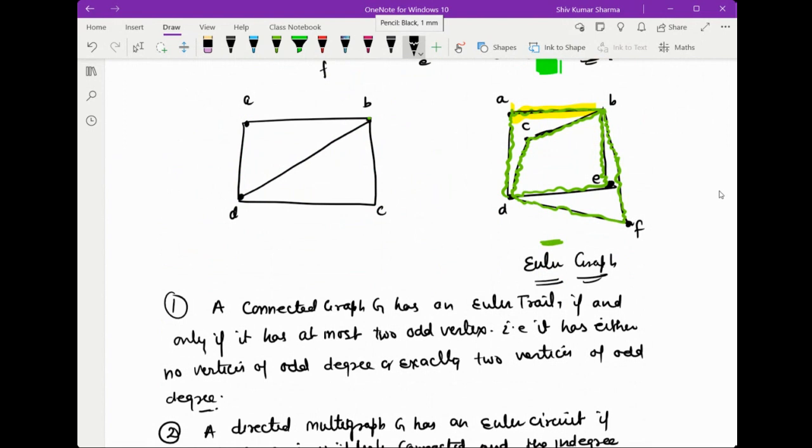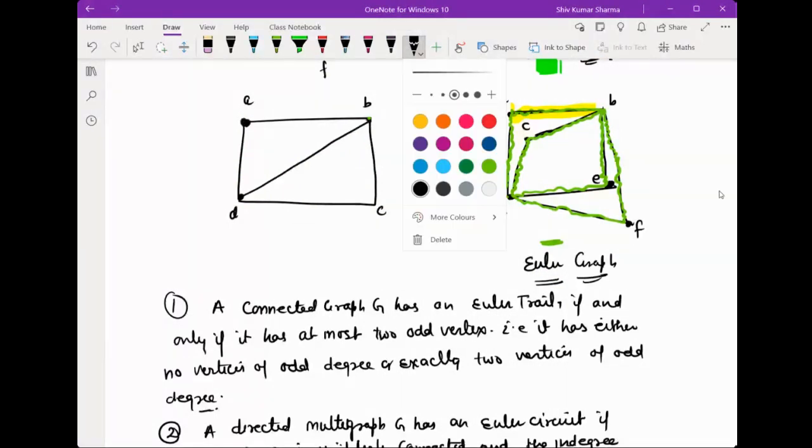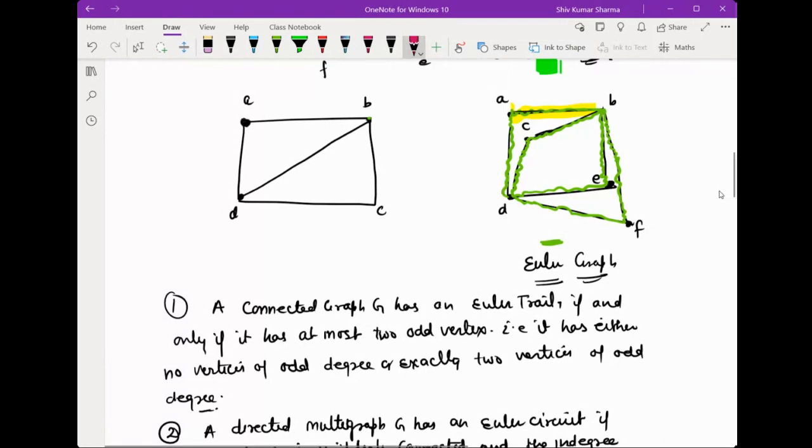Why is this not Eulerian? So we start visiting. When you start your visiting from vertex A, choosing the initial vertex as vertex A, you start visiting all the edges exactly once.